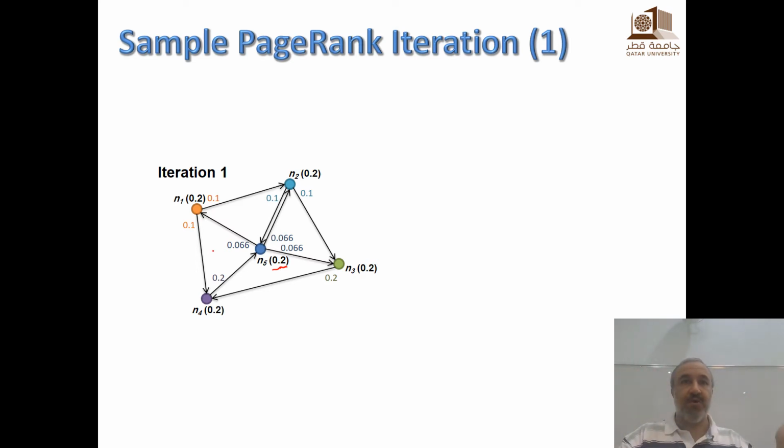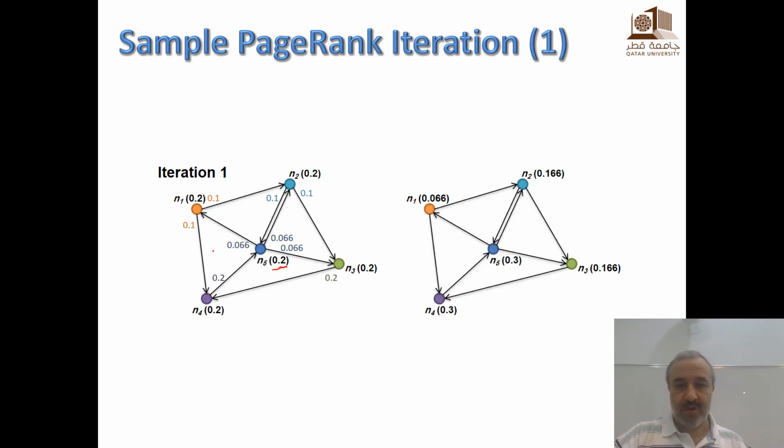Now, after we distribute, we aggregate to update the score. Okay? So now, each node will sum the partial contributions, the contributions that are coming to it. So this node has 0.1 from here and 0.2 from here, so it will be 0.3.